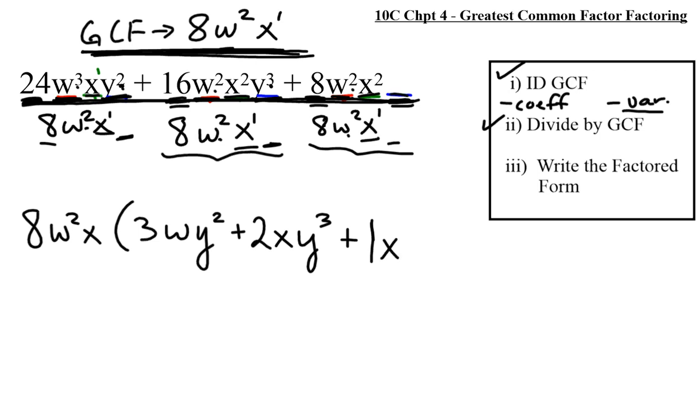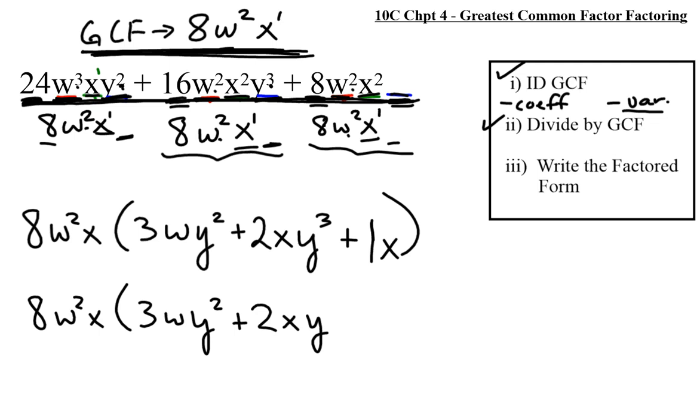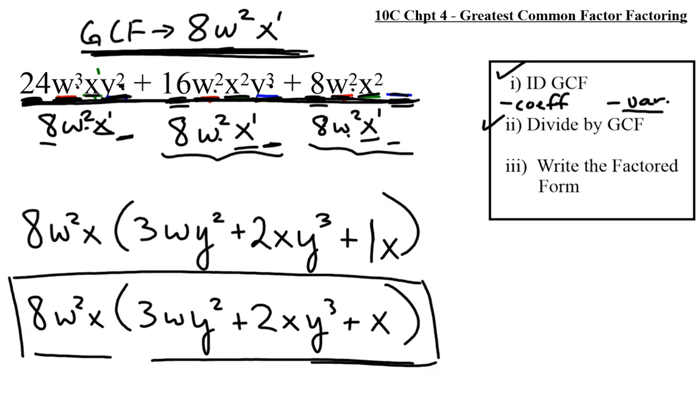And there's no y, so I don't worry about it. So there's my factored form: 8w squared x times 3w y squared plus 2xy cubed plus x. I've created a monomial times a trinomial. There's the factored form of it, and away we go from there.